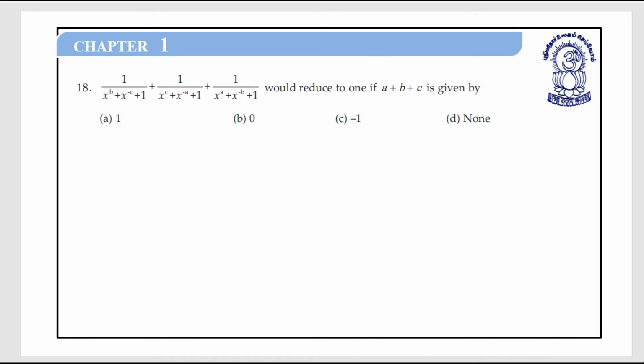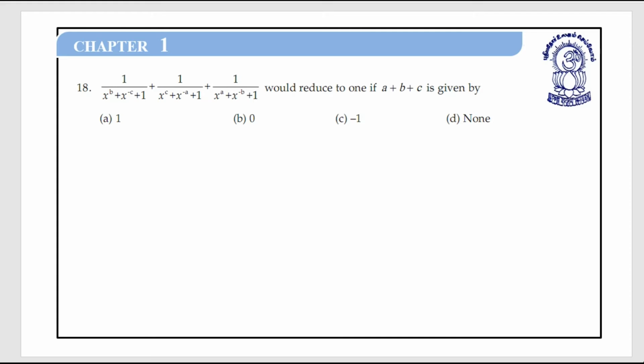Now move to question number 18. Here, 1 upon x raised to b plus x raised to minus c plus 1, plus 1 upon x raised to c plus x raised to minus a plus 1, plus 1 upon x raised to a plus x raised to minus b plus 1, would reduce to 1.